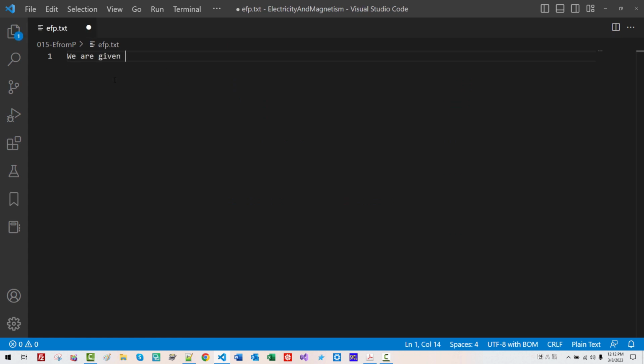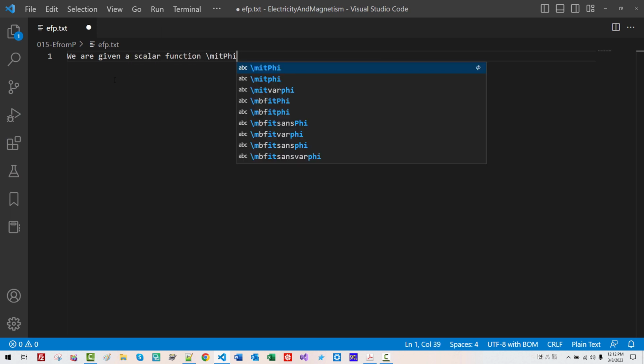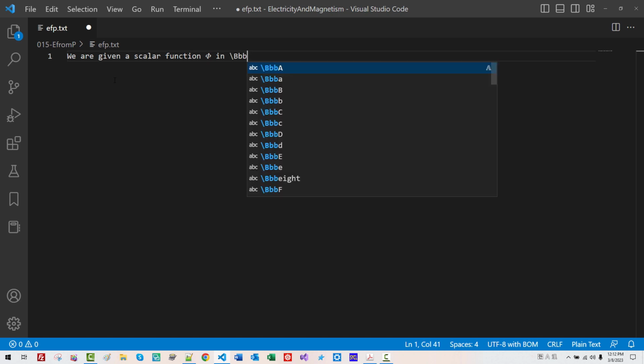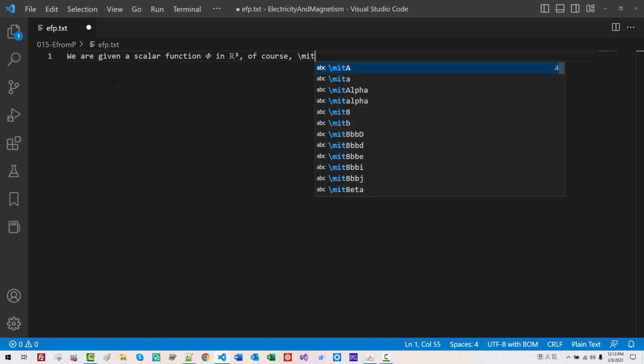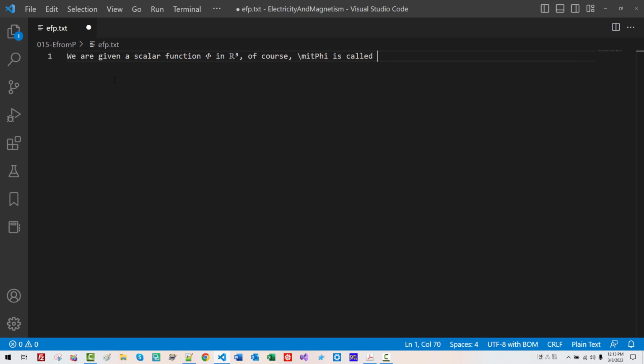We are given a scalar function phi in R3. Of course, phi is called the electric potential. Phi is the electric potential.